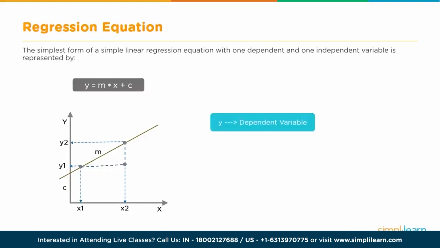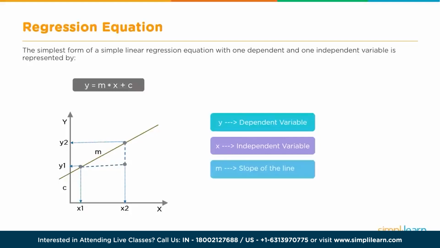Y being the dependent variable, remember that from before? And x being the independent variable. So y depends on whatever x is. M, in this case, is the slope of the line, where m equals the difference in y2 minus y1 over x2 minus x1. And finally we have c, which is the coefficient of the line, or where it happens to cross the zero axes.